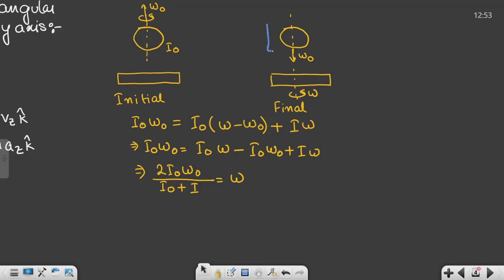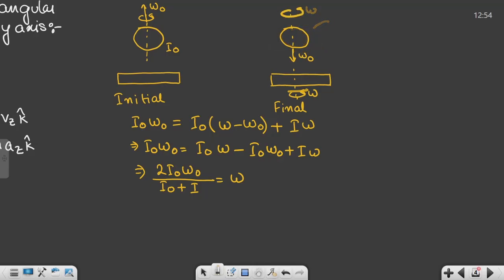I explained something wrong out here. This frame out here was obviously rotating, but this wheel is free to rotate. Free to rotate means the angular velocity of this frame is also moving with omega, no? If this platform is moving with omega, the angular velocity of this frame is not affecting the sphere.